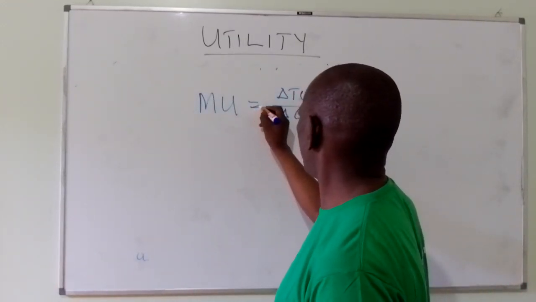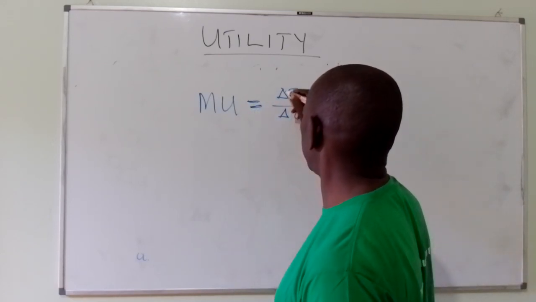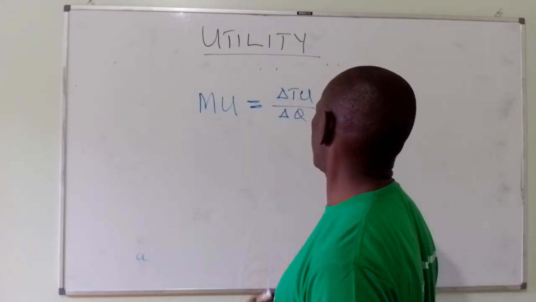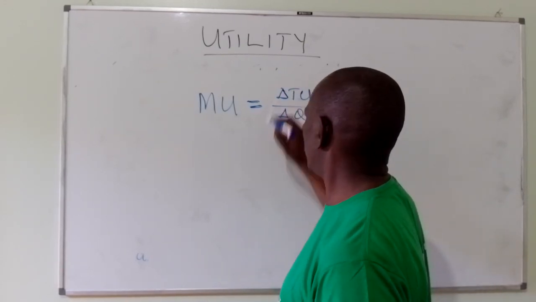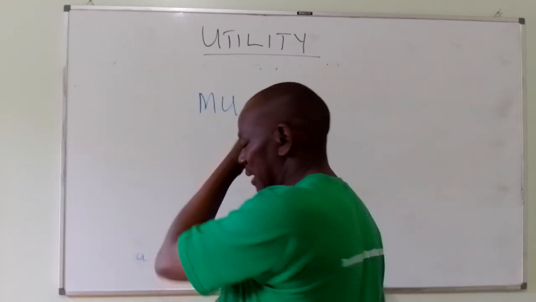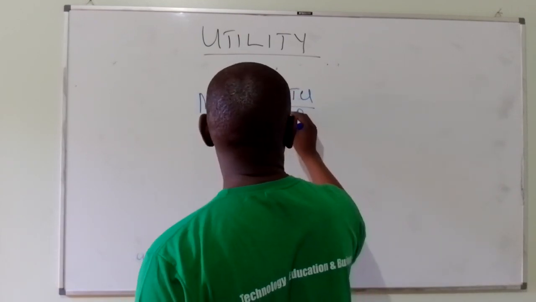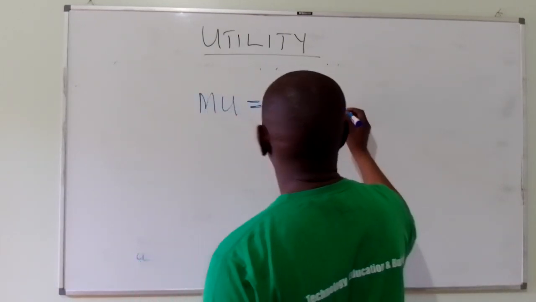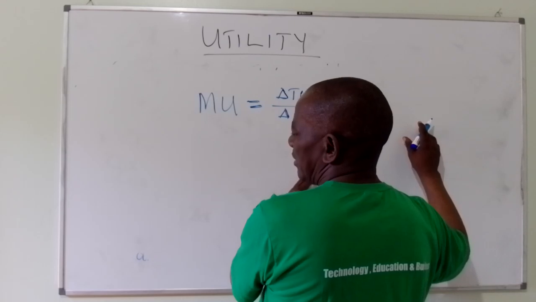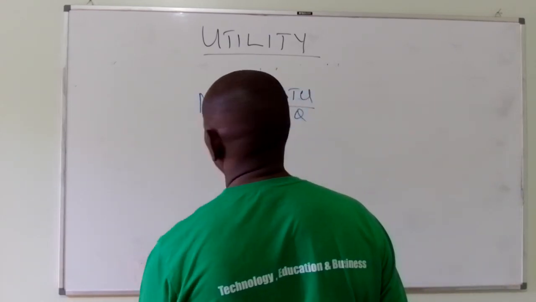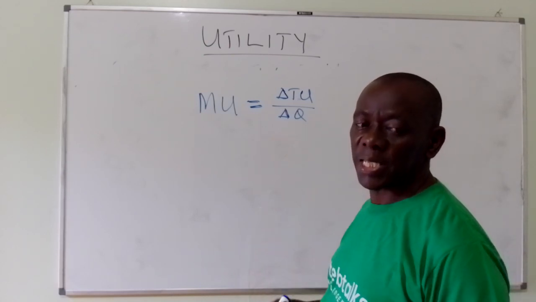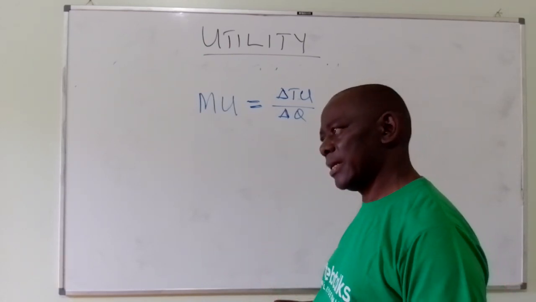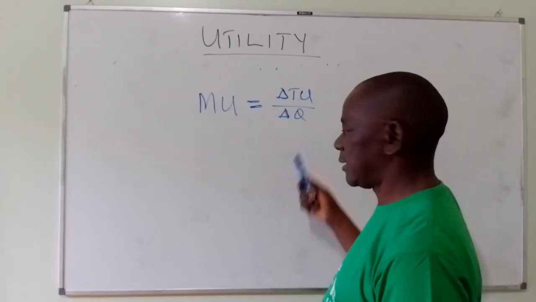This is the formula for calculating marginal utility. This triangle stands for change. Change in total utility as a result of change in output. In other words, what has been the change in total utility when you are consuming the second or the third or the fourth unit.